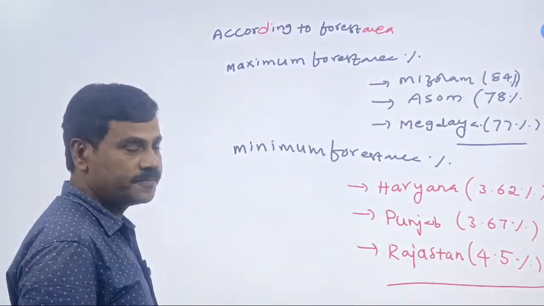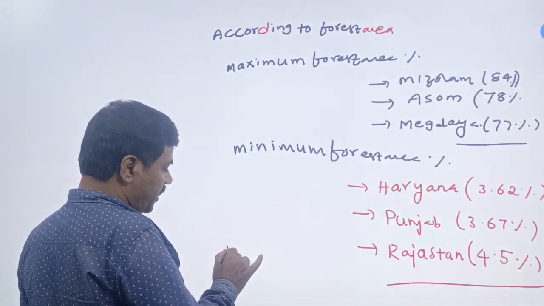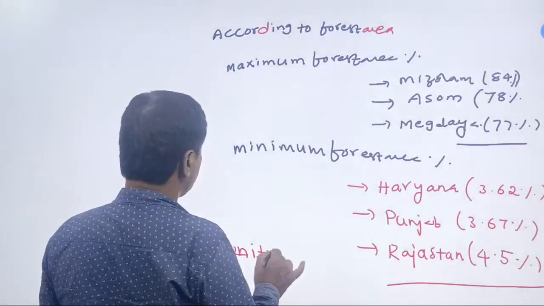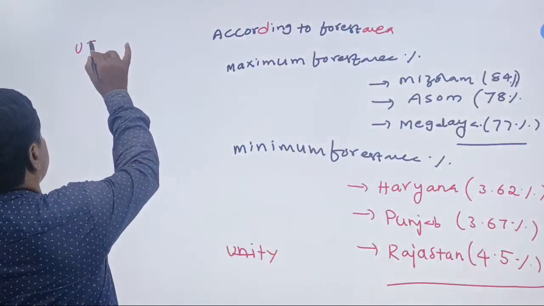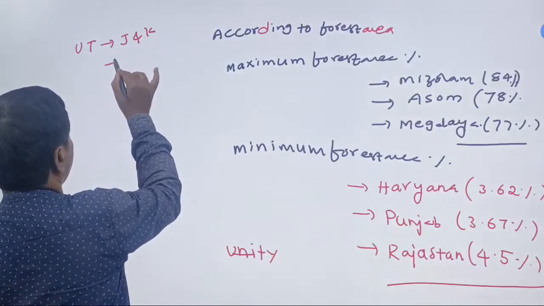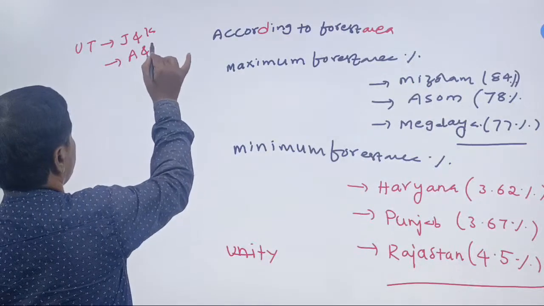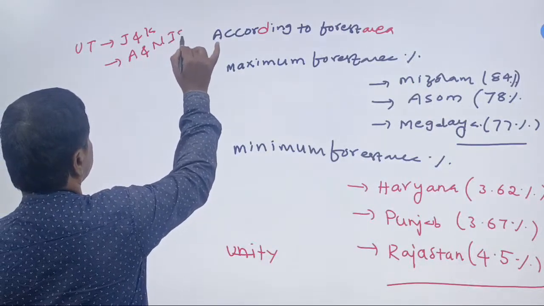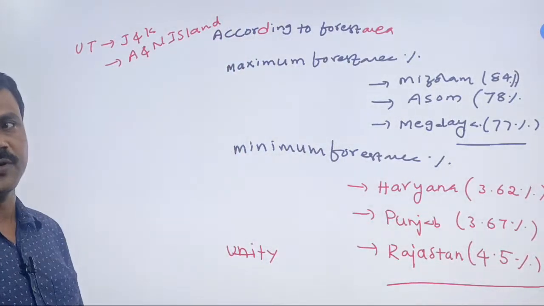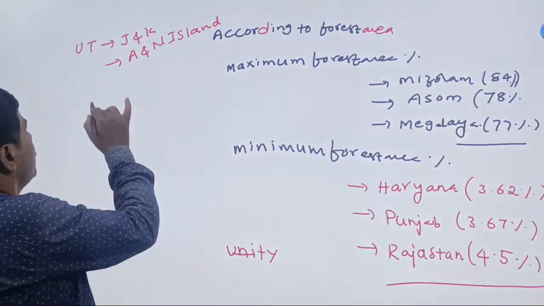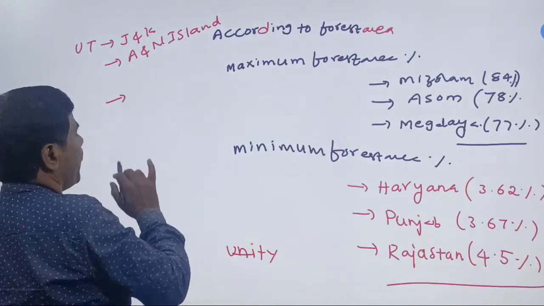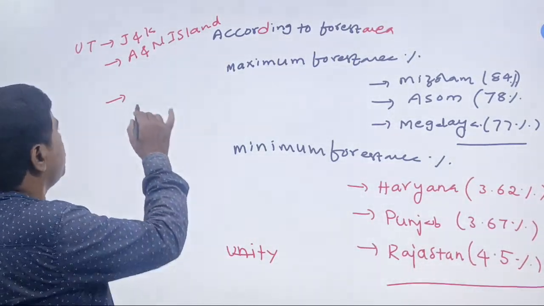Then, which union territory has the maximum forest area? Jammu Kashmir and also the Andaman Nicobar Islands have the maximum forest area in India. At the same time, which union territory has the maximum forest area in percentage?